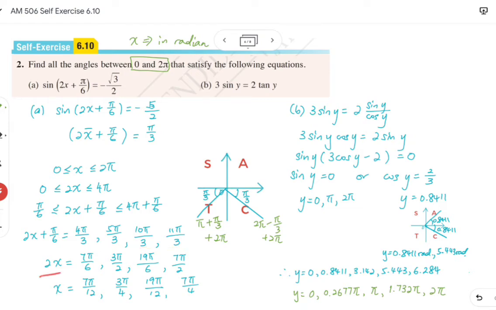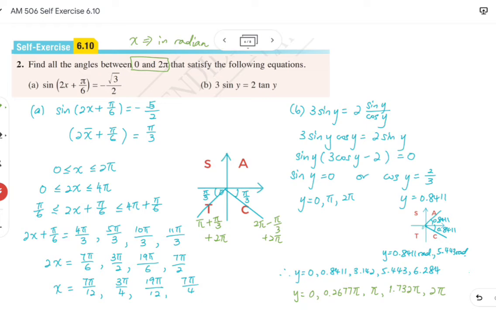We see 2x equals to 7 pi over 6 and 3 pi over 2, 19 pi over 6 and 7 pi over 2. We want the solution for 1x, therefore each single angles divided by 2. So we get 7 pi over 12, 3 pi over 4, 19 pi over 12 and 7 pi over 4.